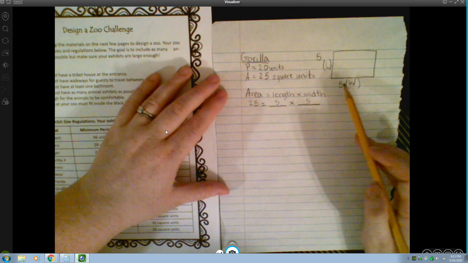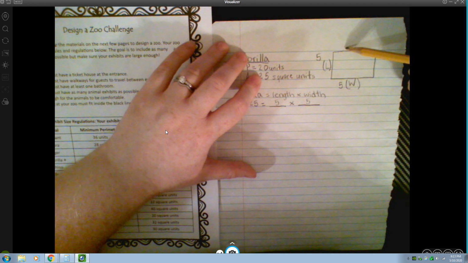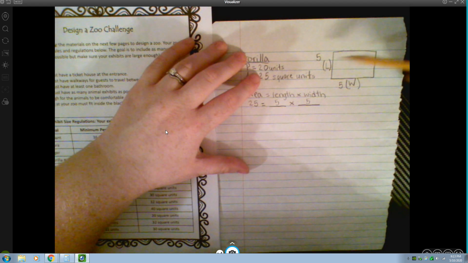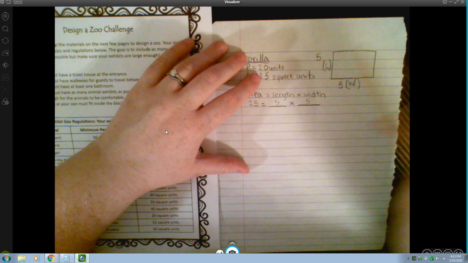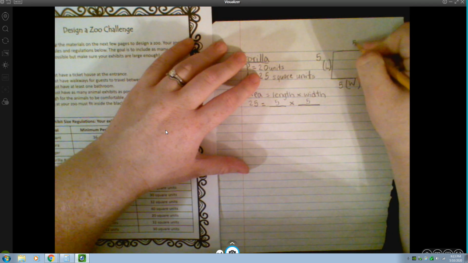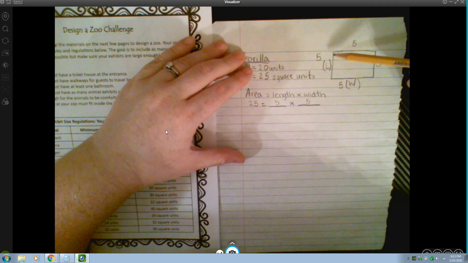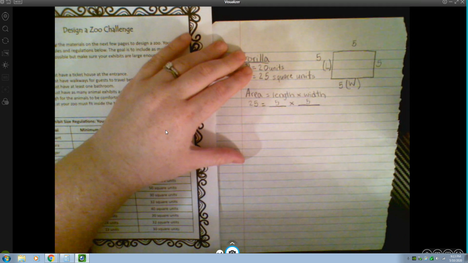Since I know that the side opposite the side I'm looking at is equal, I can fill in these two sides as well: 5 over here and 5 over here. So this actually should be a square, because we know squares have 4 equal sides, but that's okay.